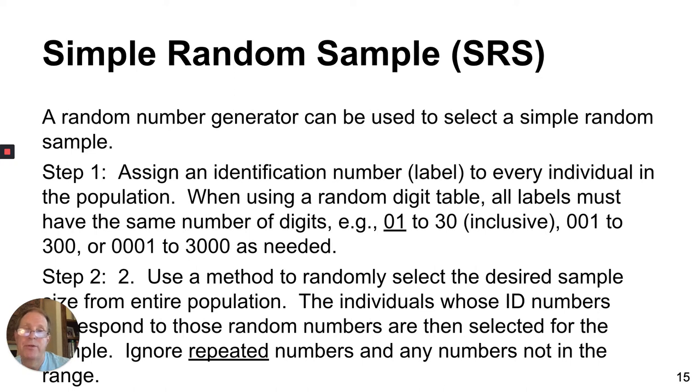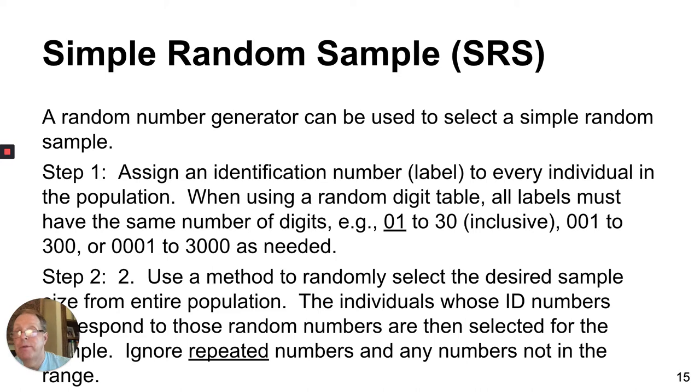But if I'm just using a random number generator, then I don't have to be so careful about having the same number of digits. The second step is that I use a method to randomly select the desired sample size from the population. The individuals whose ID numbers correspond to those random numbers are then selected for the sample. If I want unique subjects in my sample, then I have to ignore repeated numbers and any numbers outside the range.